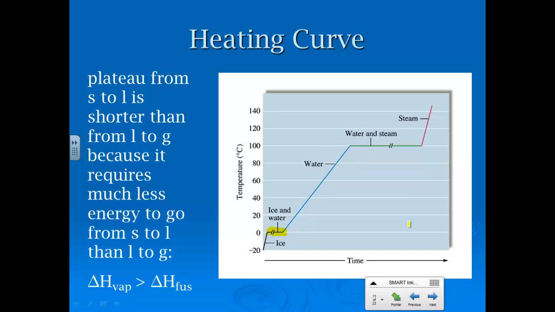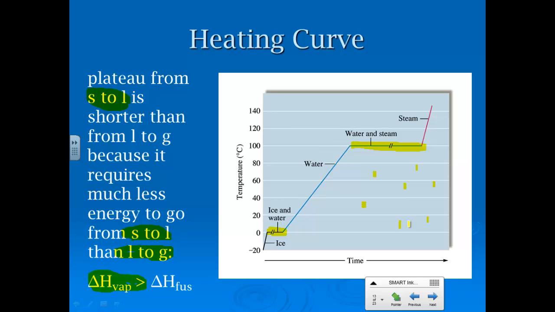After everything is a gas, the energy is then used to increase the temperature again once we enter that gas phase. As a quick note, if you compare them, the plateau from solid to liquid is always shorter than the plateau from liquid to gas, because it requires much less energy to go from a solid to a liquid than from a liquid to a gas, and that has to do with density. Remember, gas particles are thousands of times less dense than liquid and solid, which is why there's less of a jump from solid to liquid.